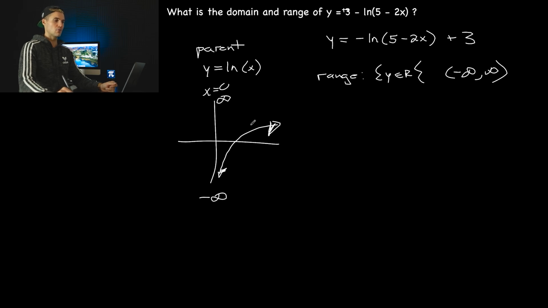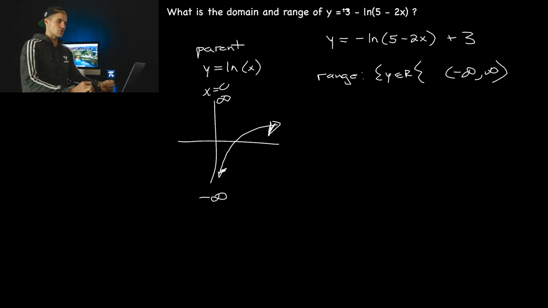No matter how the parent function ln x is transformed, whether it's reflected in certain axes or not, translated left, right, up or down, stretched or compressed, the range is always going to be y ∈ ℝ. Y is an element of real numbers. Y can be anything from negative infinity to positive infinity.